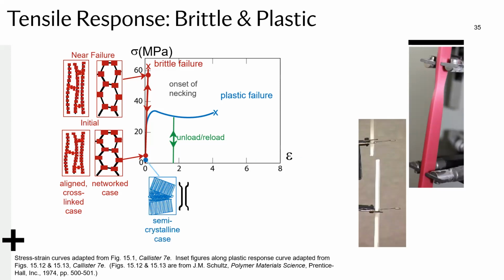What's happening here is that you've got a semi-crystalline polymer. Unlike the aligned, highly cross-linked and network cases, here you've got a semi-crystalline structure. Again, remember what that means: a semi-crystalline structure has amorphous regions and crystalline regions.